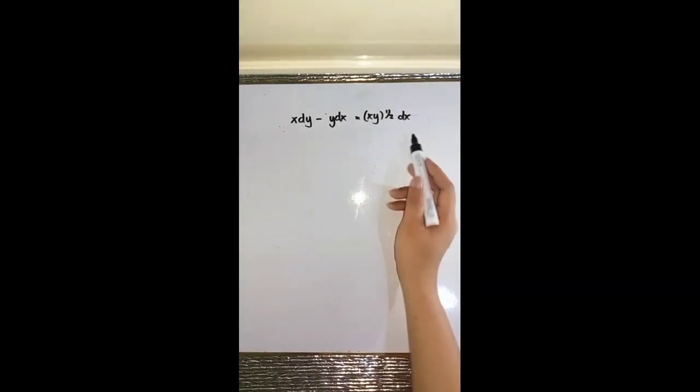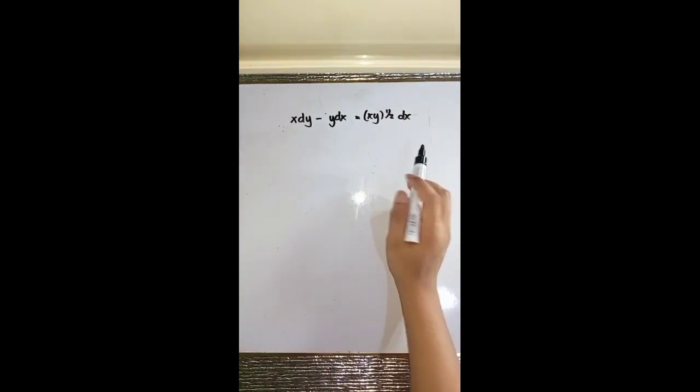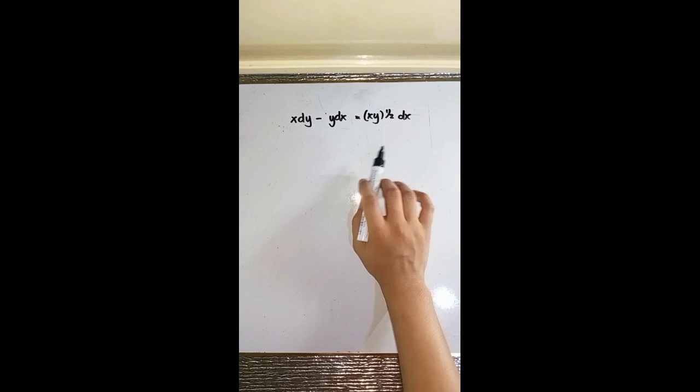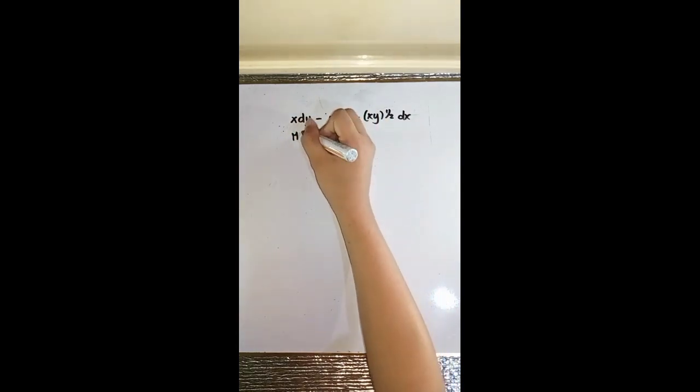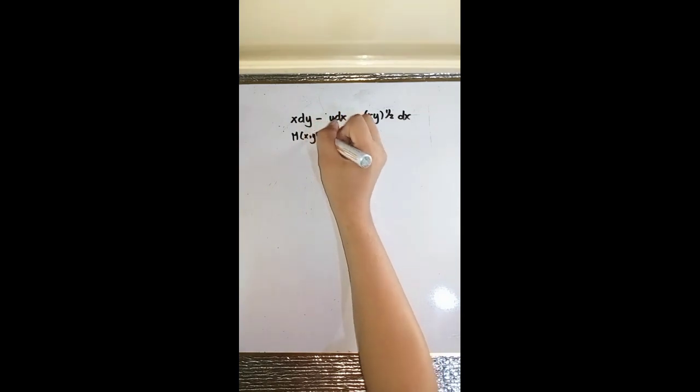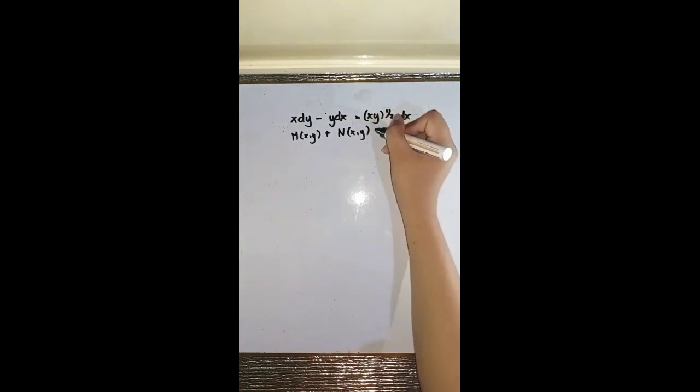So this is the problem that we're going to solve today: x dy minus y dx equals xy^(1/2) dx. As we discussed earlier, we cannot solve this homogeneous equation unless we transform it into its standard form of M of x,y plus the function N of x,y, equated to 0.